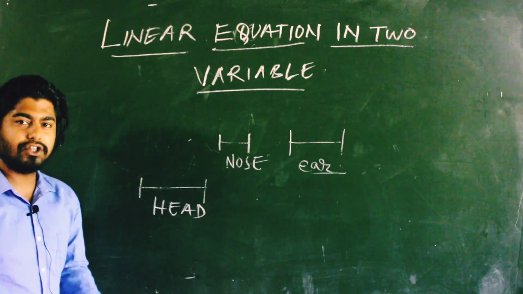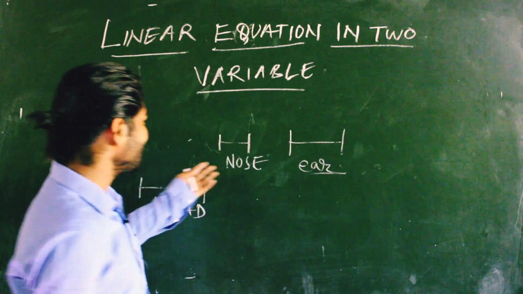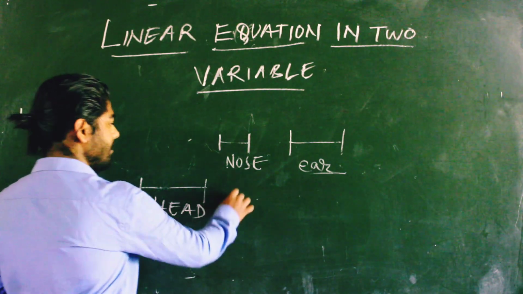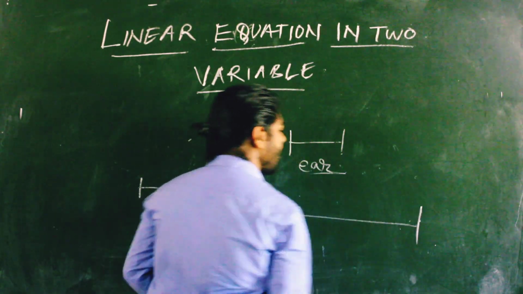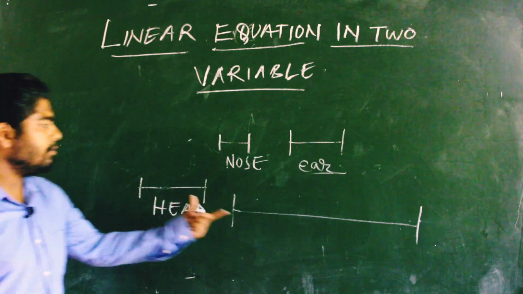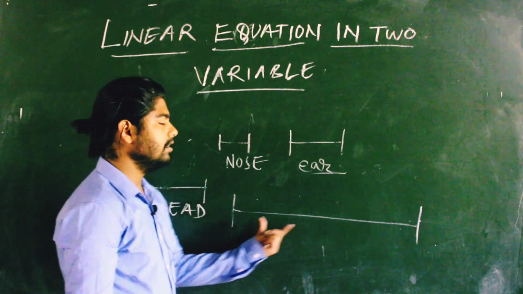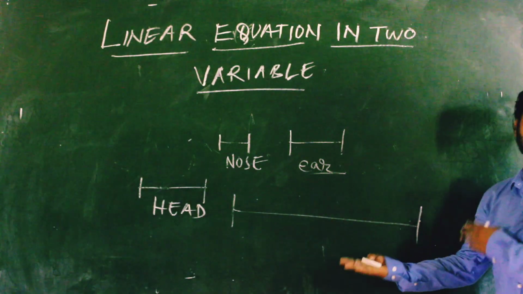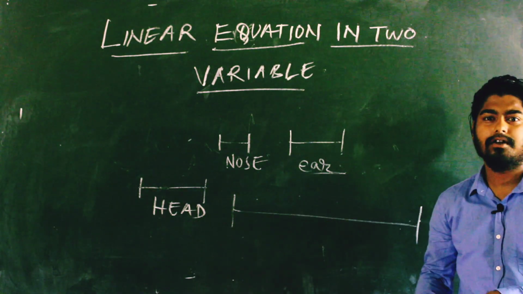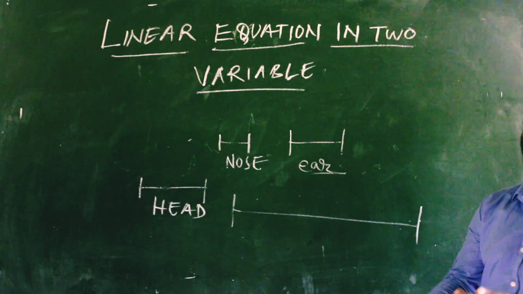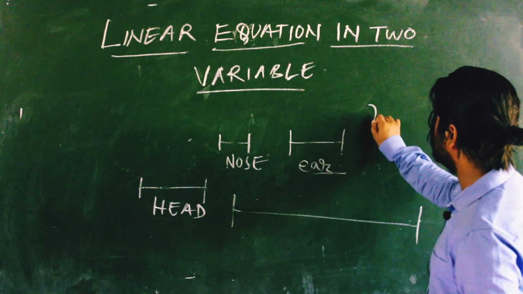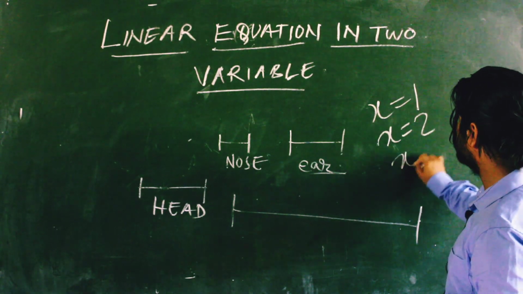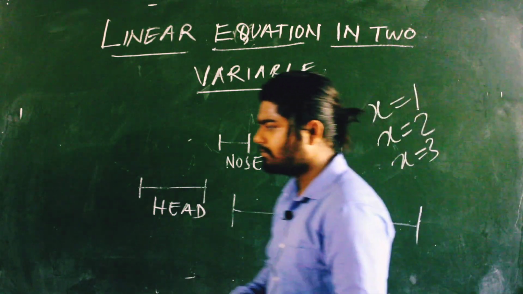Now suppose you want to measure your stomach. It's not possible with these kinds of scales to measure the stomach itself. We need a very big scale. With this scale we can measure nose, ear and head, so it's like the mega scale of these three scales. So a variable is something that varies according to your choice. You can put x equal to 1, x equal to 2, x equal to 3. It's up to you totally.